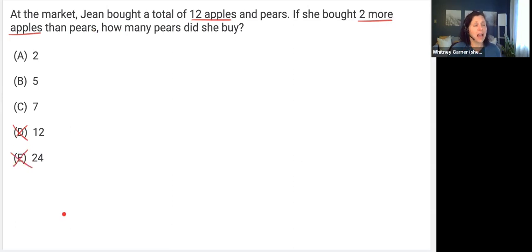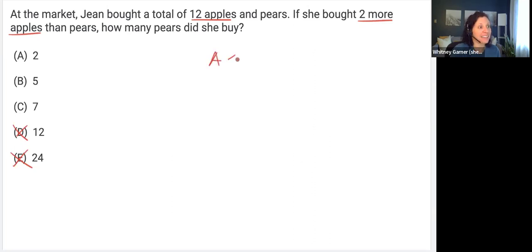In fact, I can also note that because she bought more apples than pears, the number of pears has to be what? Less than what, if she bought more apples than pears? So what would logic tell me it has to be? Exactly.